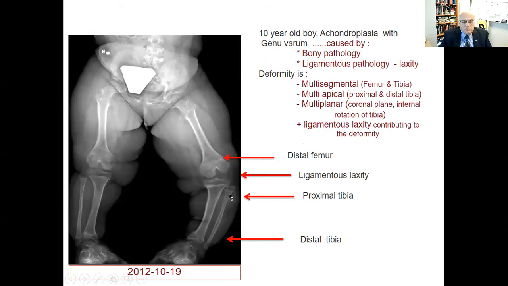Bony, there is more than one segment: a distal femur deformity, proximal tibia and distal tibia. There is also ligamentous laxity of the knee that really compounds the effect of the genu varum. So that's a typical example of a multi-segmental, multi-apical, multiplanar deformity.